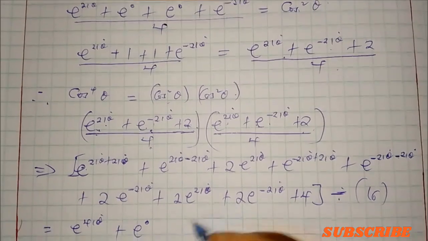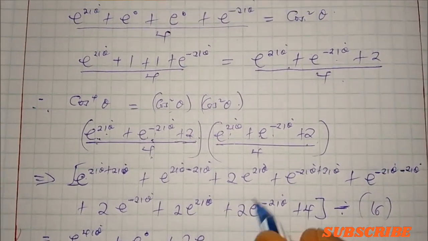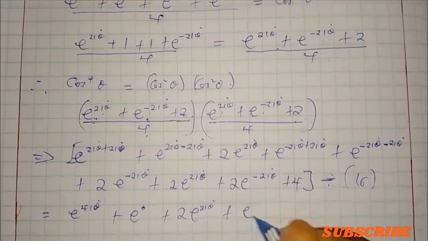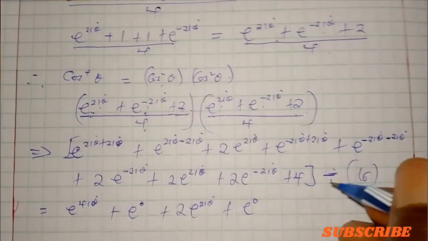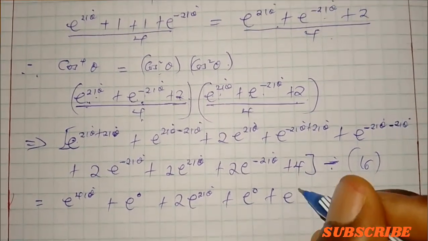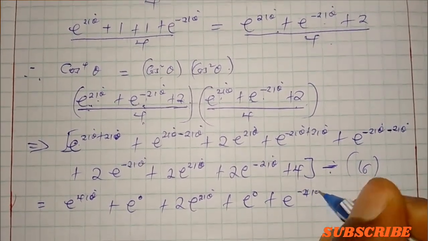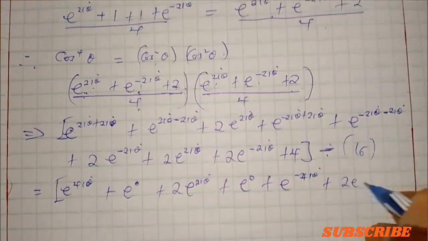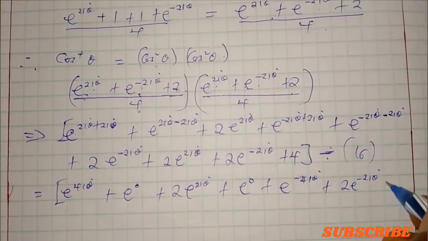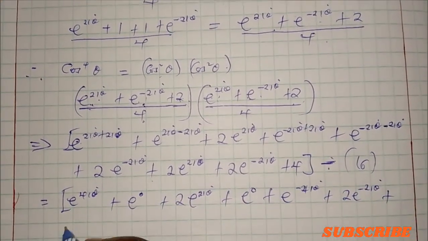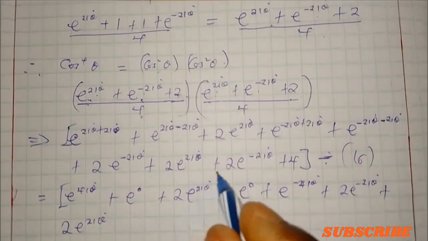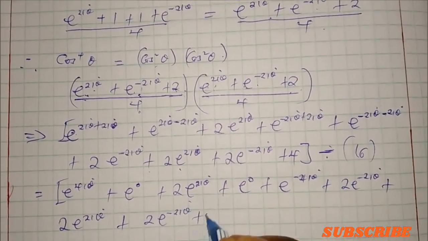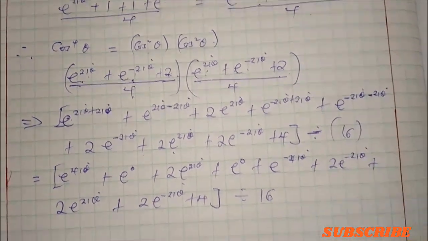This is 0 plus 2e^(2i theta) plus e^(-4i theta) plus this one is 2e^(-2i theta) plus 2e^(2i theta) here plus 2e^(-2i theta) plus 4. The whole of this we divide by 16.